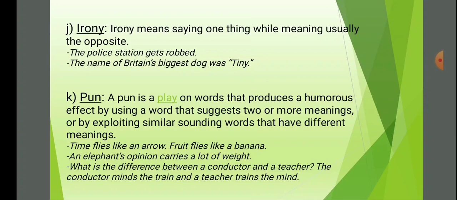Another figure of speech is pun. Pun is a play on words that produces a humorous effect by using a word that suggests two or more meanings, or by exploiting similar sounding words that have different meanings.